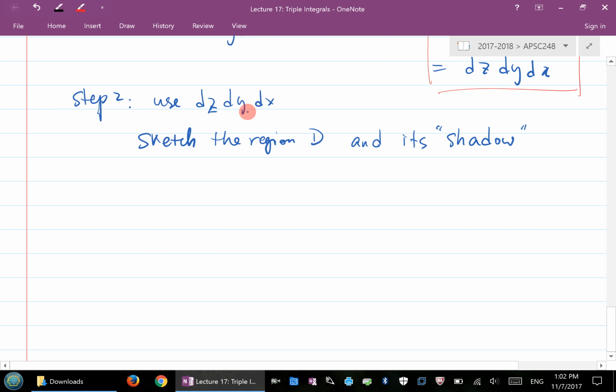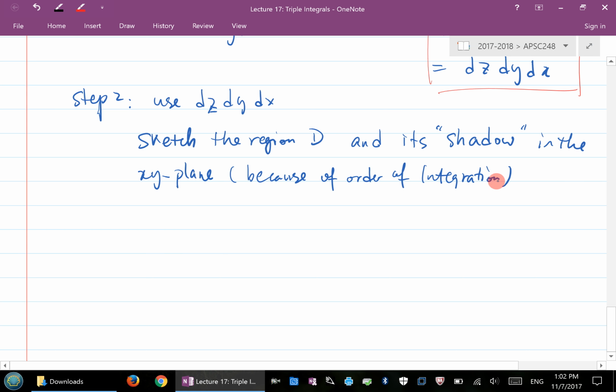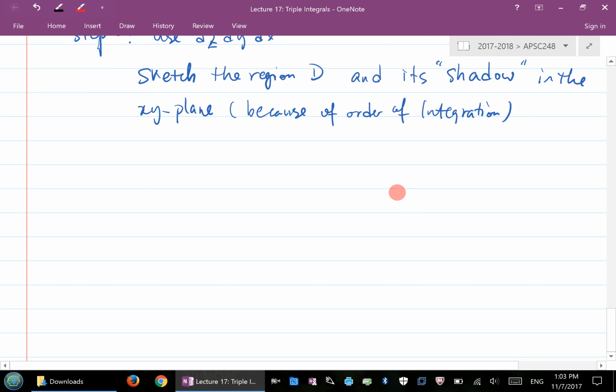Why the XY plane? Because of the order we decided. The last two variables of the order of integration are dx, dy, or dy, dx. So we're going to look at the shadow inside the XY plane.